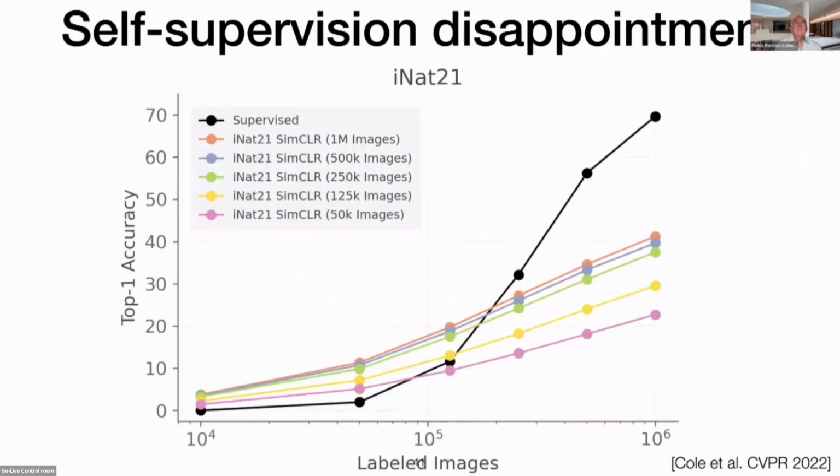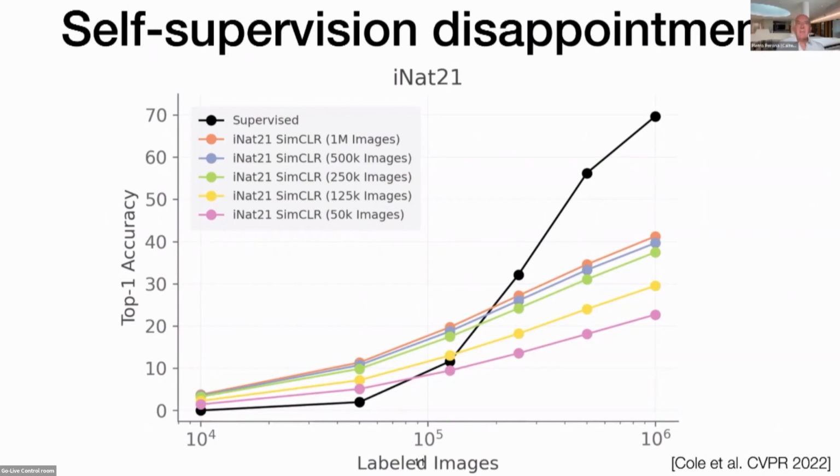Now, will self-supervision help? Here is a paper by Elijah Cole and others that came out at CVPR 2022 this year, showing that self-supervision algorithms like SimCLR that seem to be doing very well on ImageNet don't seem to be doing well on other data sets like iNaturalist.